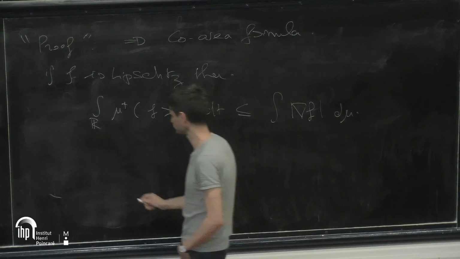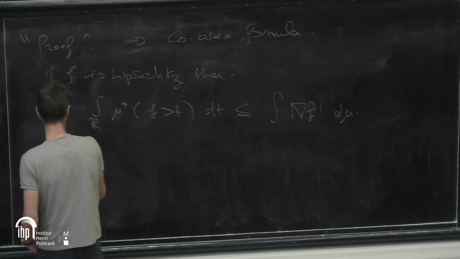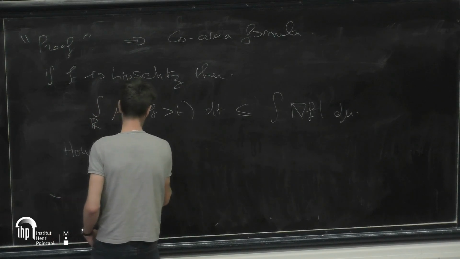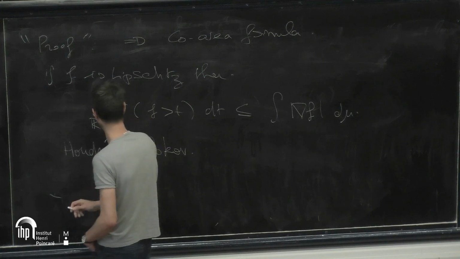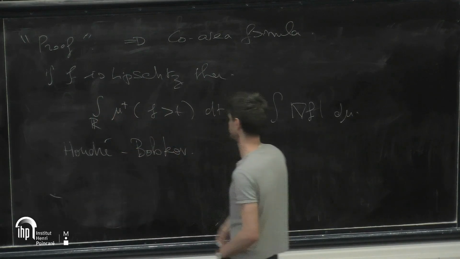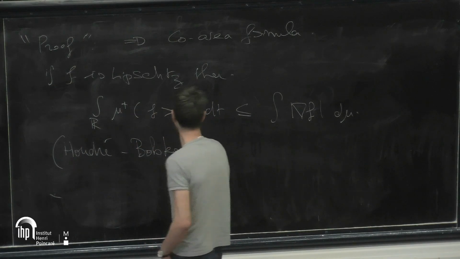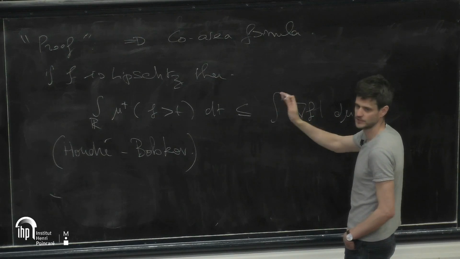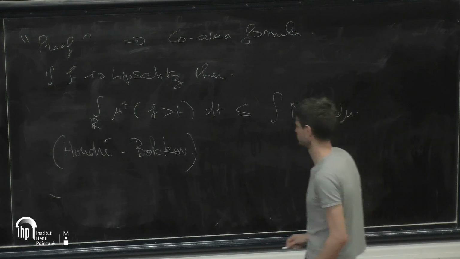So maybe I can give you a reference where you'll have the details: there's a paper by Ledoux and Bobkov where they explain very well all this. All I'm saying is that here you don't really need fancy geometric measure theory.